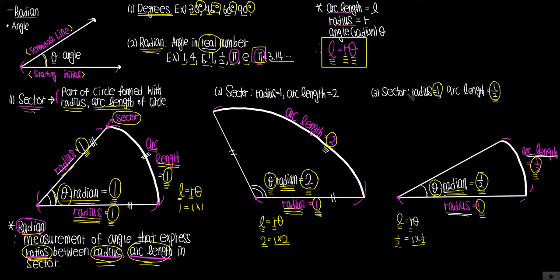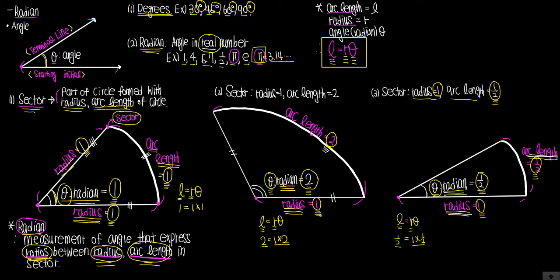And lastly, when we had the sector with the radius of 1 and the arc length shrunk to 1/2, then theta as radian is 1/2.